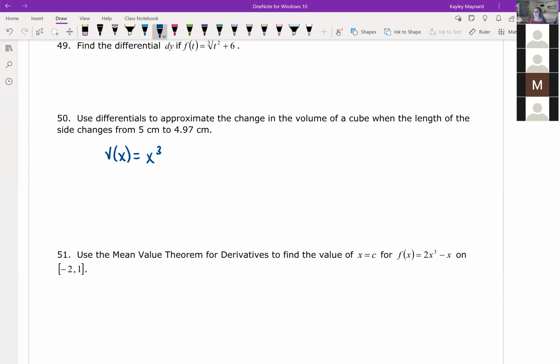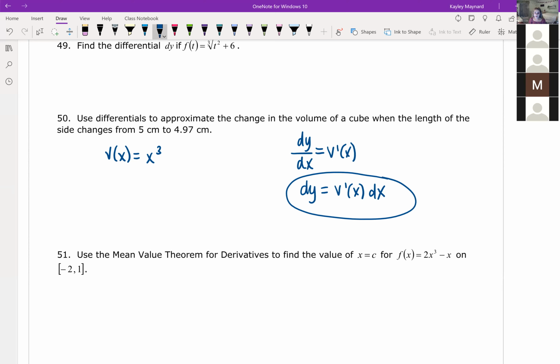Usually you have dy dx is equal to V prime of x, although this is not the mathematically correct way to explain it. Differentials basically says that dy is equal to V prime of x dx, which is very similar to this.